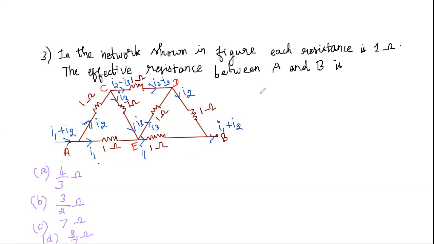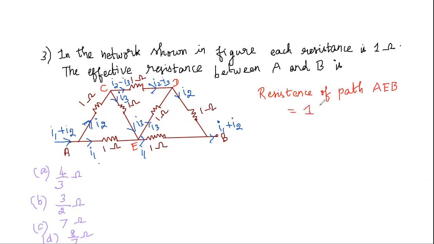So resistance of the path AEB. Because they are symmetrical, we can find out the resistance along this path AEB alone. So that will be 1 plus 1 equal to 2 ohm.